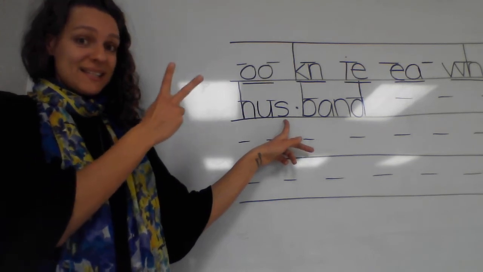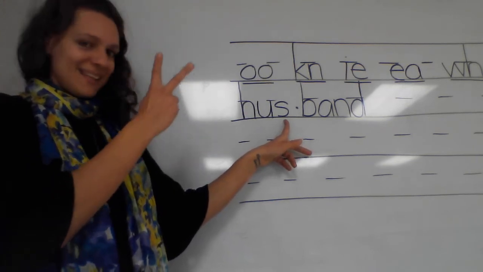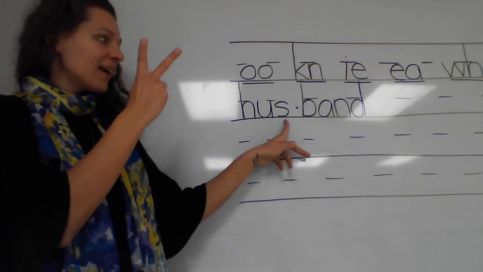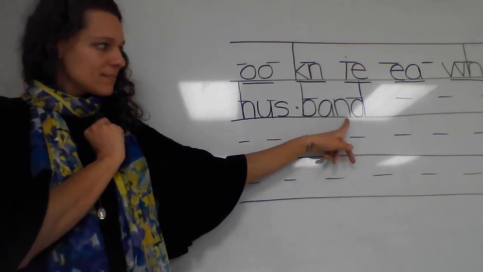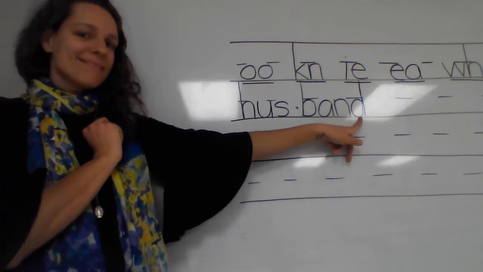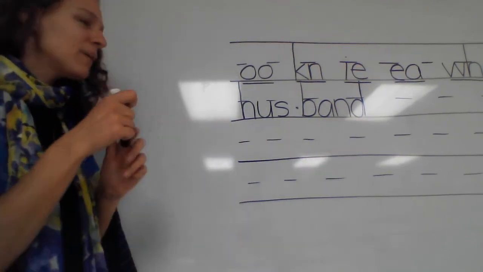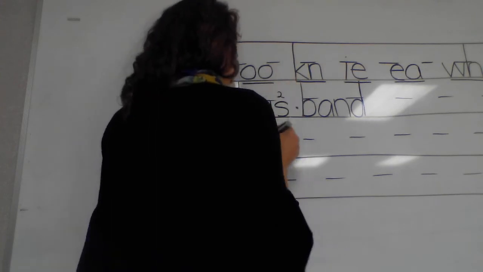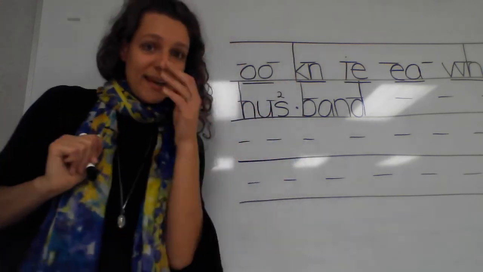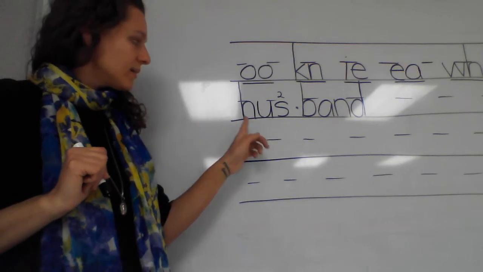Good. S, z, z. It's saying z. Show me how we're going to mark it. Good. Don't mark it yet. All right, there's just that one thing to mark. Pick up your pencil. And let's read our word.